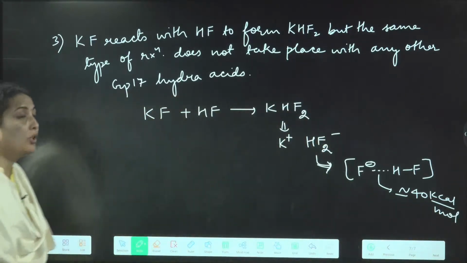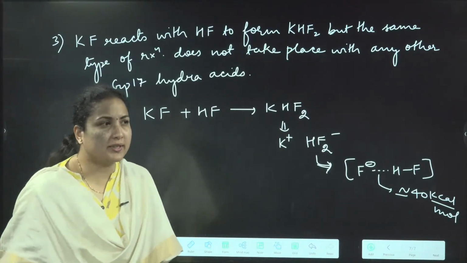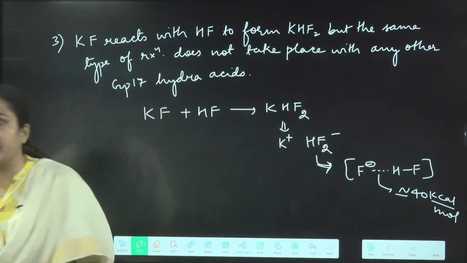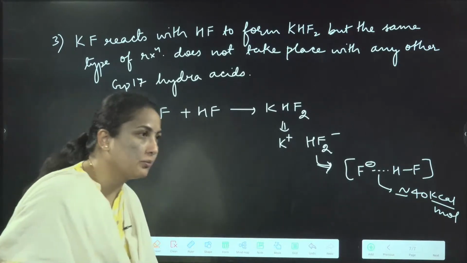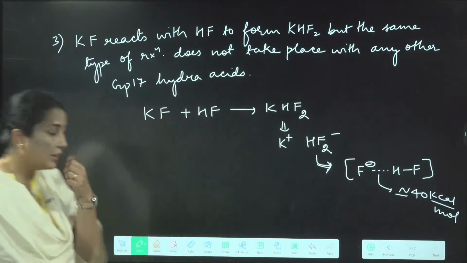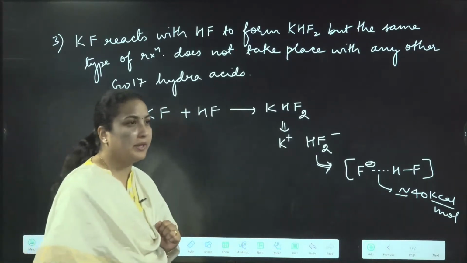Remember I told you that if very strong hydrogen bonding is taking place, the energy can even cross that 10 kilocalorie level. We say 2 to 10 kilocalorie, but more than that is also possible. Getting it? That much is the strength, which is almost comparable to the strength of a covalent bond, right?